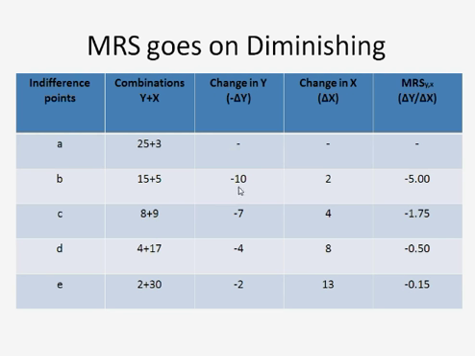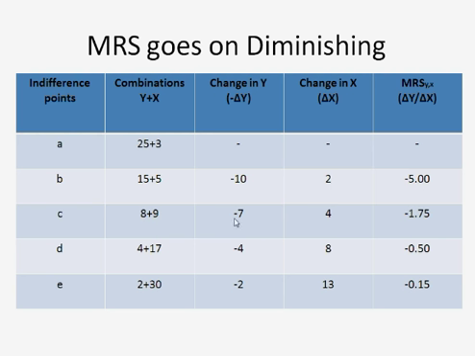When we decrease the total units of Y by 10 units, we are increasing the total units of X by 2 units. Then again, when we are decreasing the total units of Y by 7 units, we are increasing the total units of X by 4 units. When we divide the change in Y by the change in X, that is minus 10 divided by 2, we get minus 5.